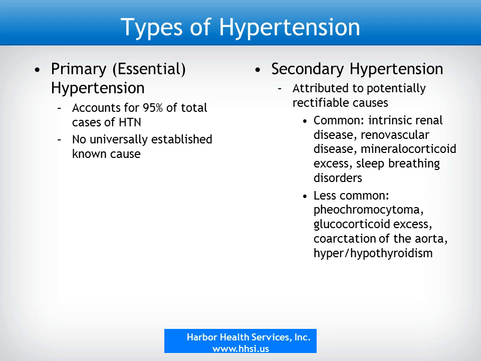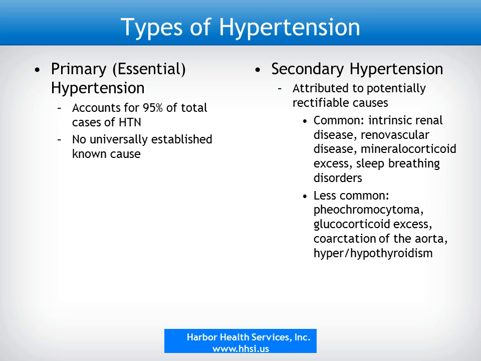There's no one cause for essential hypertension. It's very multifactorial, and we'll discuss it in later slides, but there's many different mechanisms in your body that kind of go wrong in hypertension. And secondary hypertension is caused by other things that can be treated, and a lot of times the hypertension will resolve.